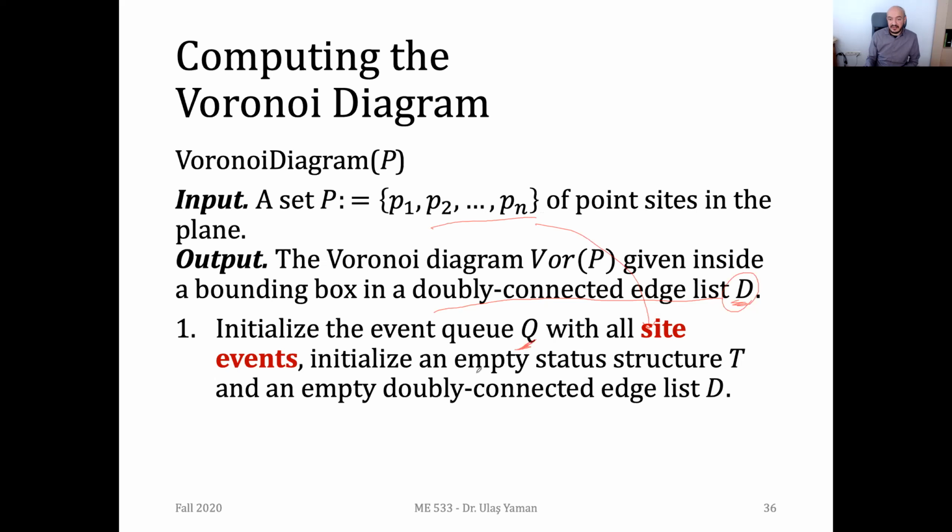Then we will have another data structure, an empty one for the status of the beach line, and an empty doubly connected edge list. Since we haven't computed anything, the output will be empty. We continue handling our events until all these events are handled.